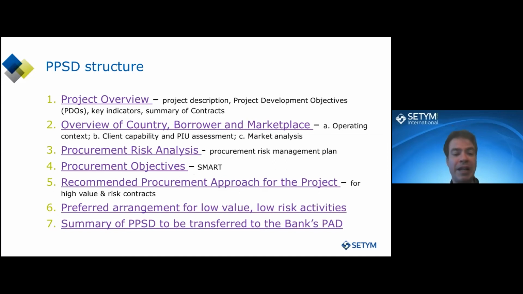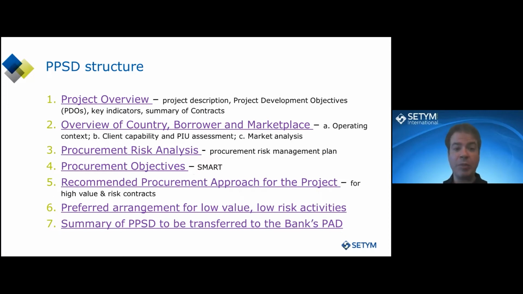The PPSD has a 7-part structure. I'll go very fast, but once again, as you can see, number 3 is procurement risk. This is the pivot, this is the center. So you start with a section which is merely an overview of the project. So it's information you have elsewhere. I won't discuss that a lot. You have section 2, which is major. That's your analysis.